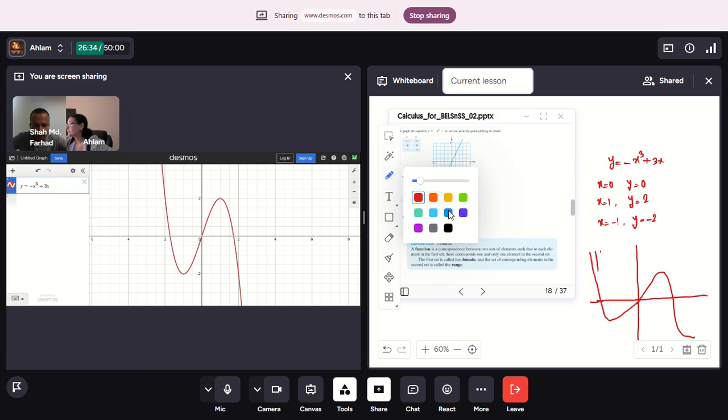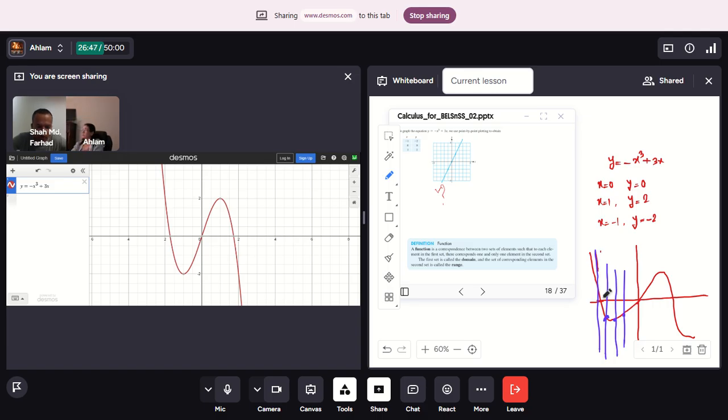So if we move a vertical line here, what we see is that the line intersects the graph in one point only. Here is also one point, so we can say this one is a function. So for each x, the y should be unique.